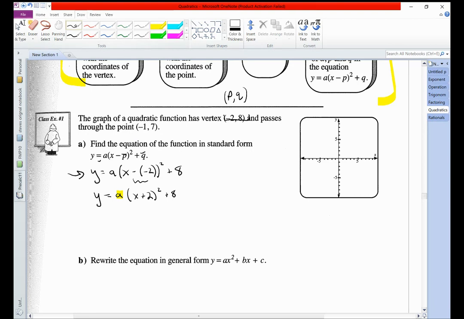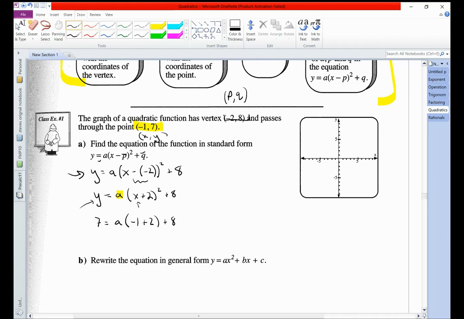So what we need to do is find any point on the graph. Luckily, they give us one, and we plug that into the x and y value, because we know that point is x and y. So we can plug that in and solve for a. So my y is 7, so now I have 7 is equal to a times (x is -1 plus 2) squared plus 8.